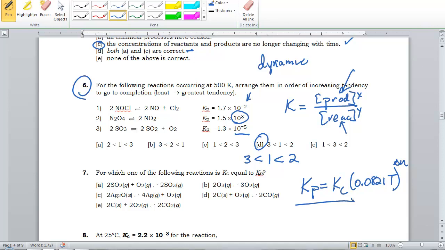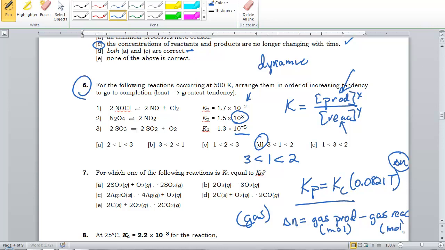This one's not asking about a conversion, but when do they actually equal each other? And there is a case where they will equal. It's when delta n, which is change in moles of gas only, product moles minus reactant moles, final minus initial, comes out to 0.